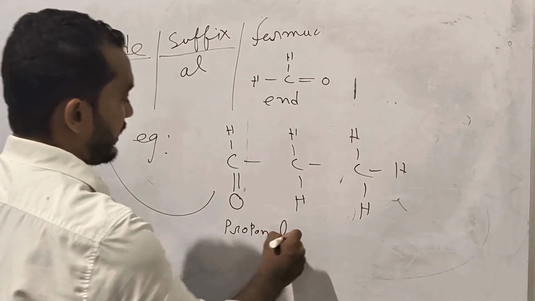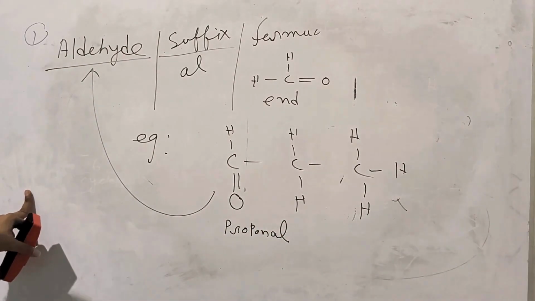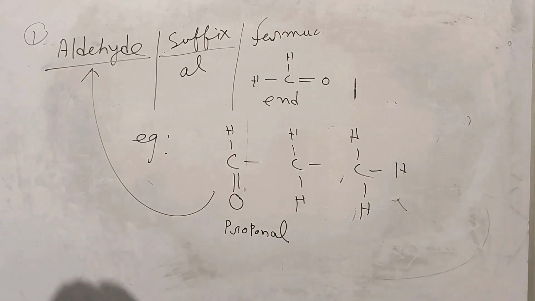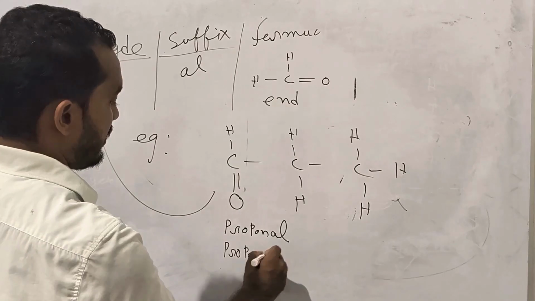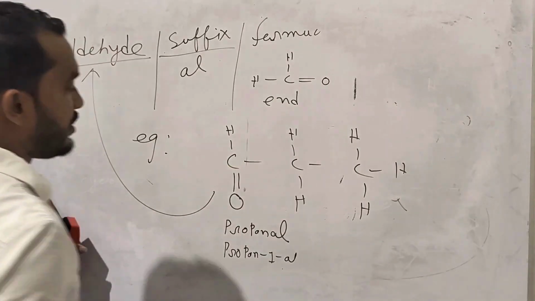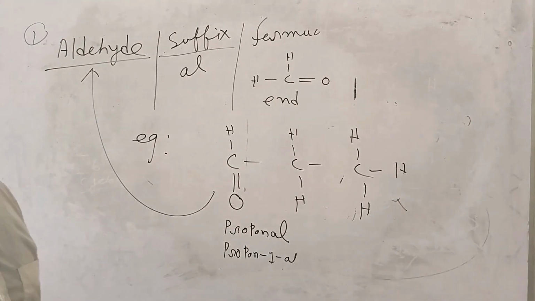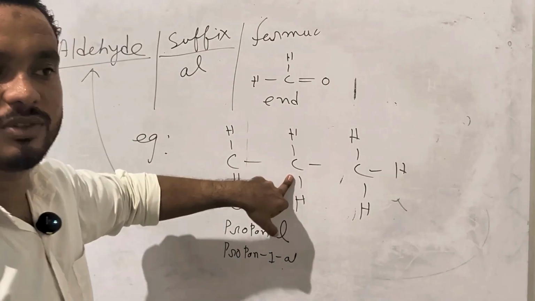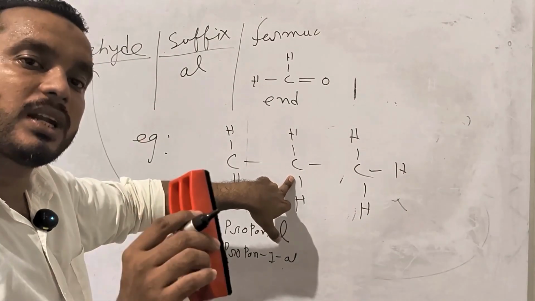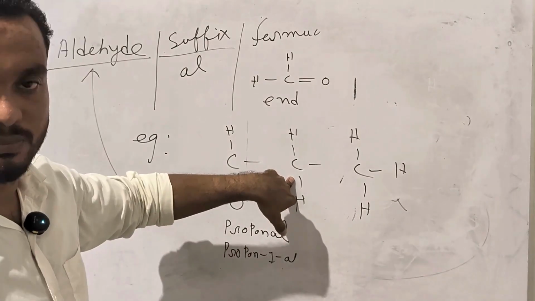Or I can say propan-1-al, because it is in the first position, and it will always be in the first position, because if this double bond O is in the middle of the carbon chain, then it will fall under the ketone functional group.